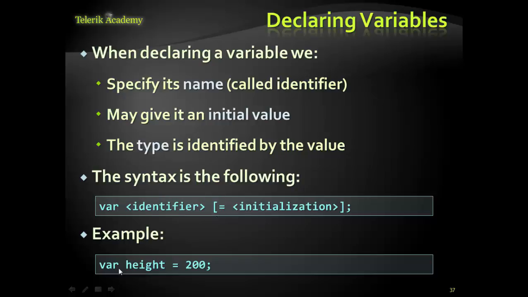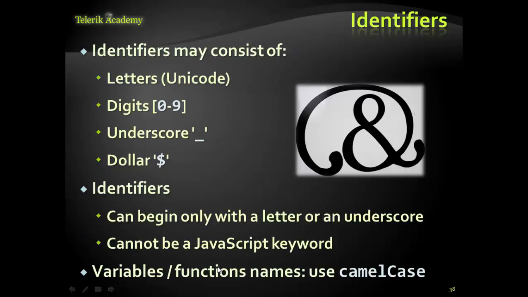As you can see here, the var, we put a variable called height, and we set its value to 200. Identifiers can be letters, underscores, numbers, digits, the $ sign. And it's not exactly true that it can begin only with a letter or underscore. It can also start with a $ sign. And this is used, of course, in jQuery. jQuery has taken advantage of using the $ sign as a named variable.